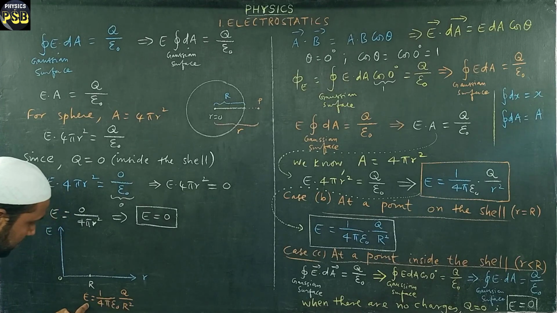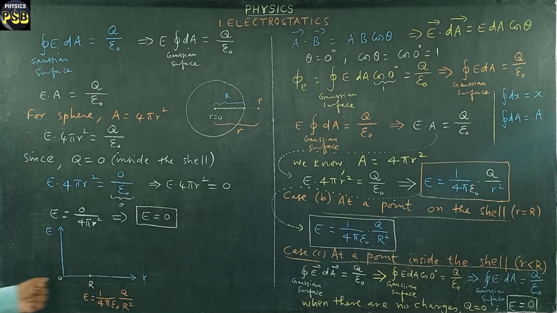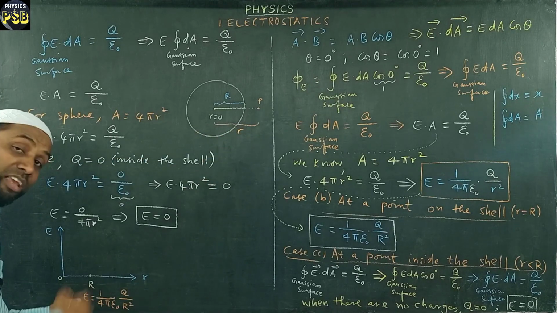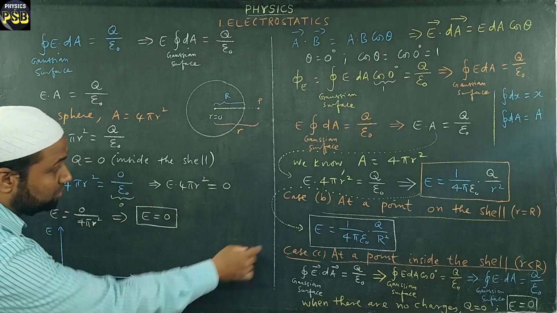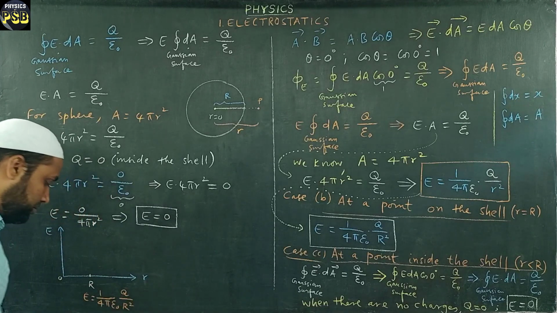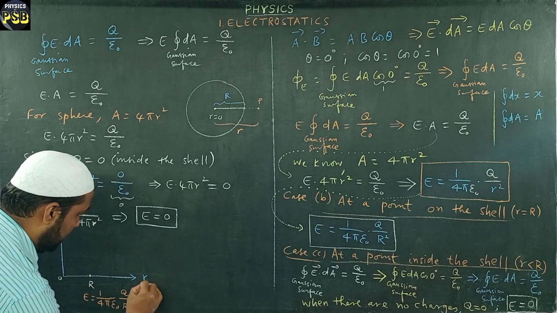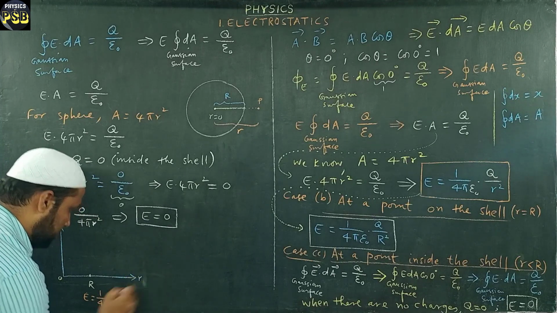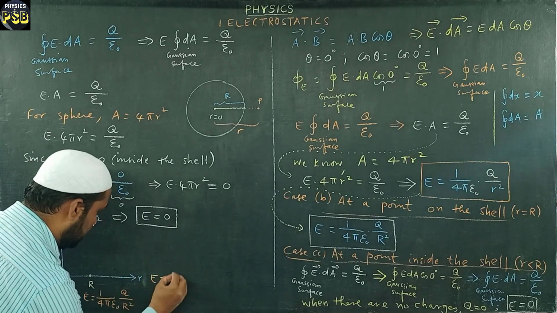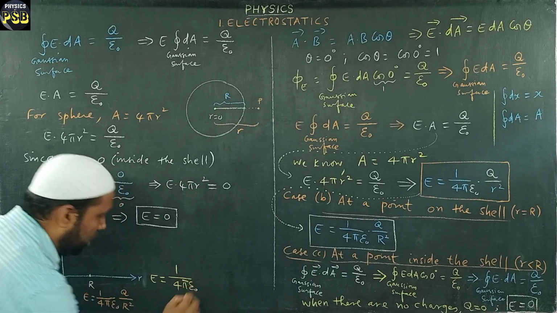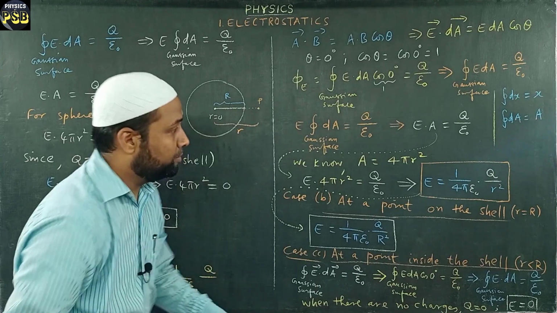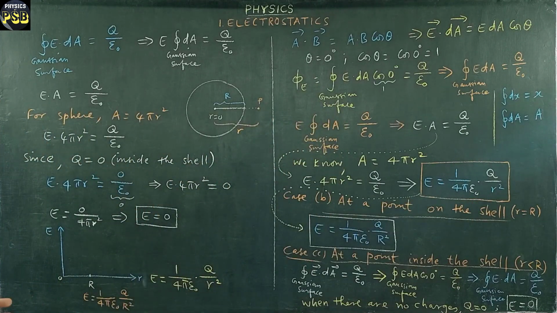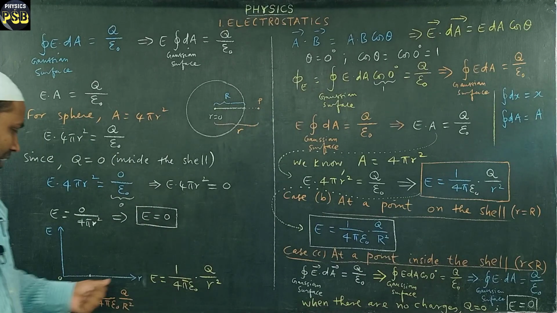This is the value of the electric field at this point. Then as we move away to small r, the value of E will reduce. Suppose this is R, and small r is present somewhere here. In that case, E is 1 upon 4 pi epsilon naught Q upon small r square.